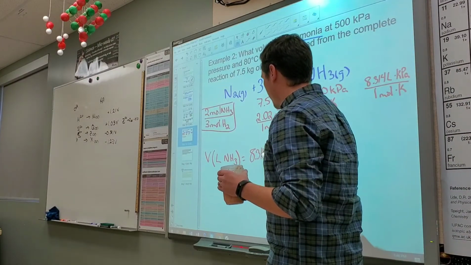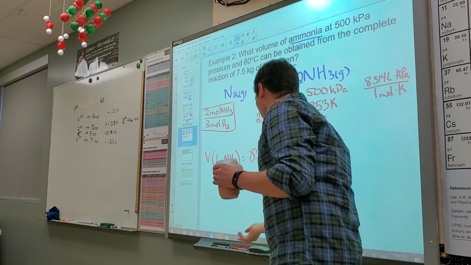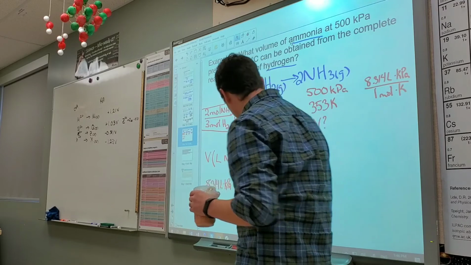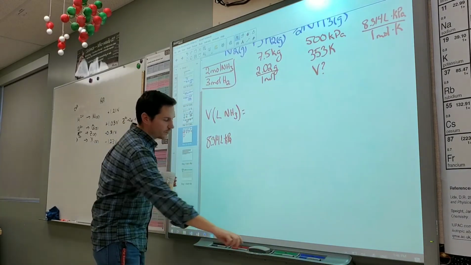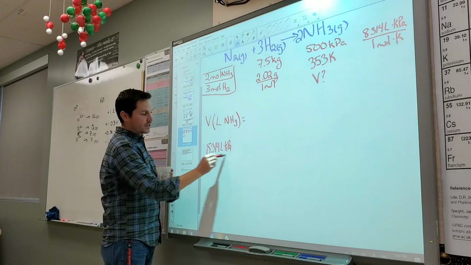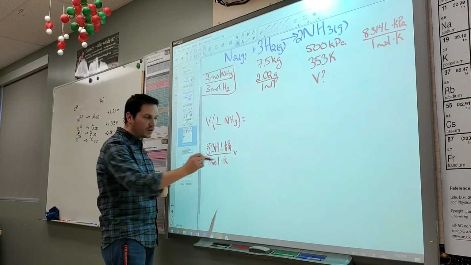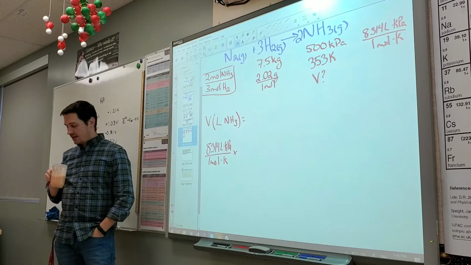I'm going to have to give myself a lot of room for this, because this is going to be a big reaction and I don't have very much room. So 8.314 liter kilopascals over 1 mole Kelvin. If we want liters, what's the only things we have to cancel out?